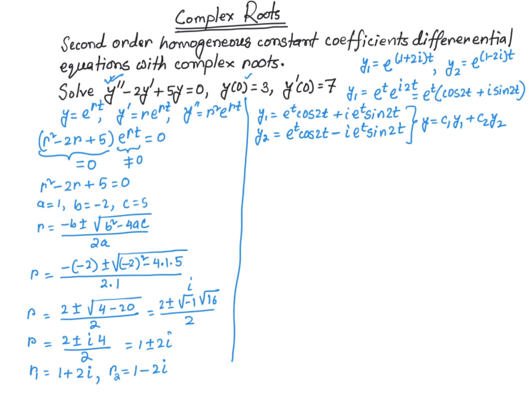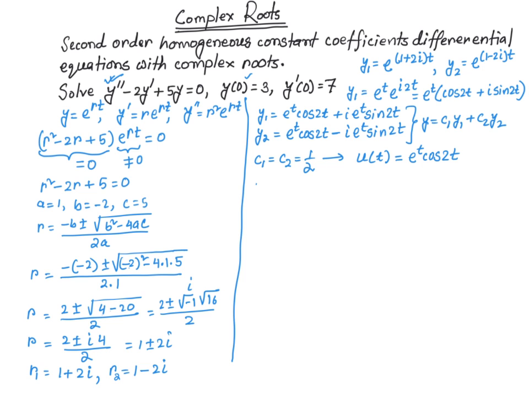Now I'm going to make some simple assumption. So let's say in the first case, I assume c1 is equal to c2 is equal to 1/2. If I do that, then I get a new solution u of t that is nothing but e to the power t times cosine of 2t.